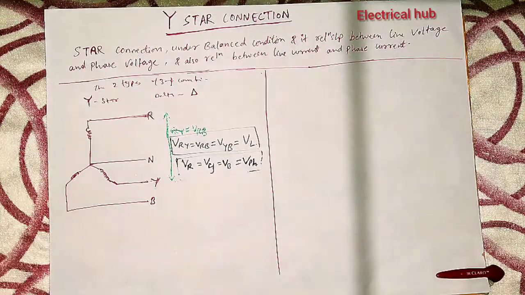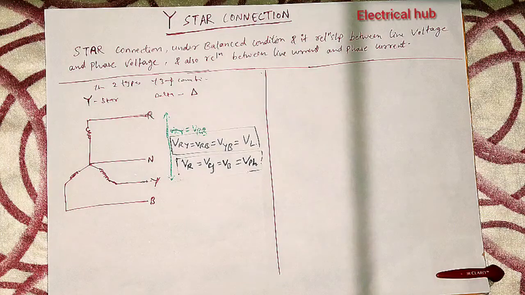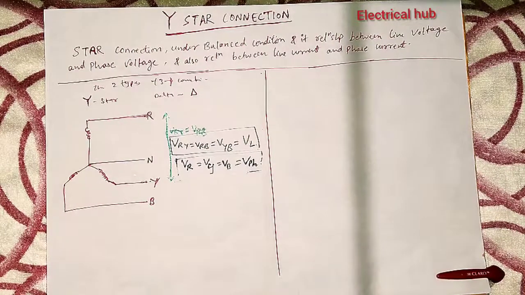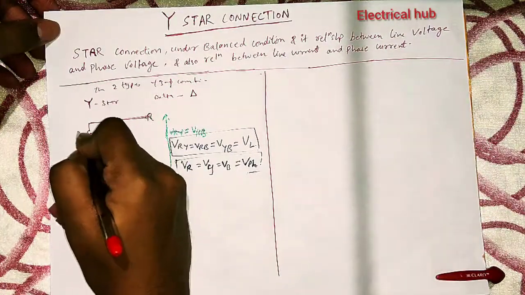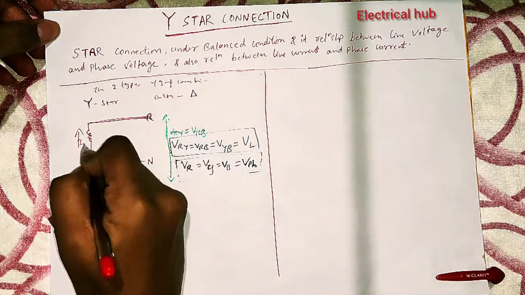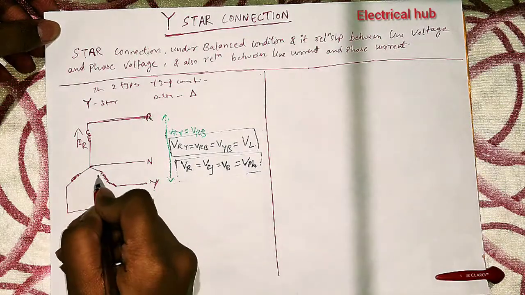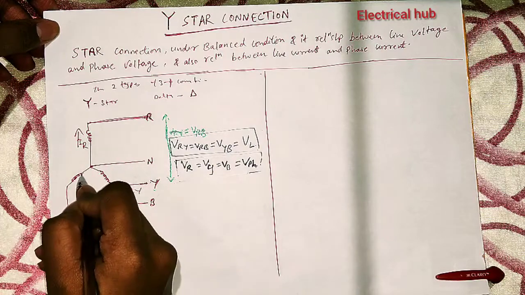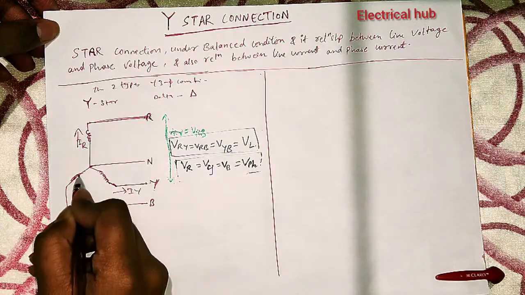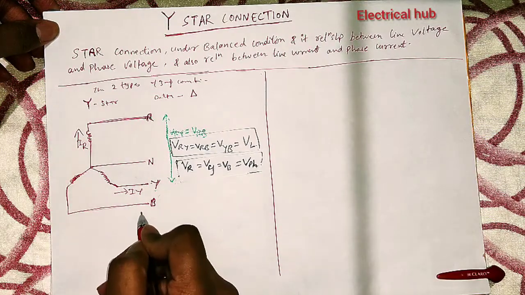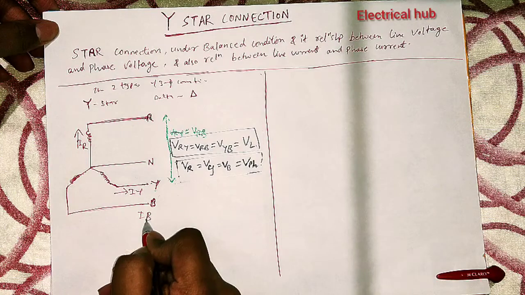Alright, now we have to understand what phase current and line current are. So now let's talk about line current and phase current. When the current is flowing in the R wire, which means this line, it will be denoted as IR, and when the current flows in the Y wire, it will be denoted as IY, and when the current flows through the B winding, it will be denoted as IB.